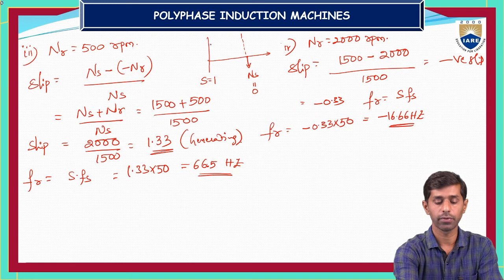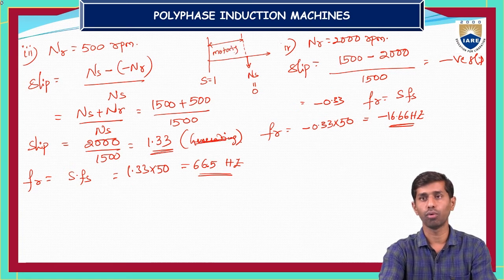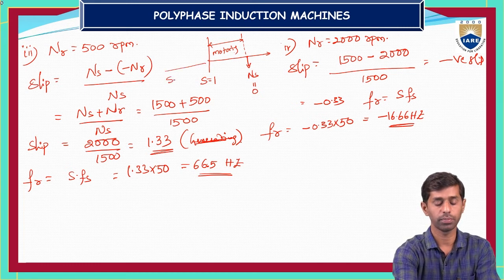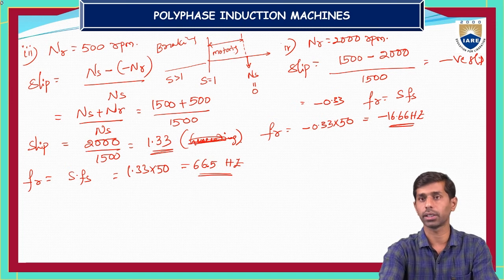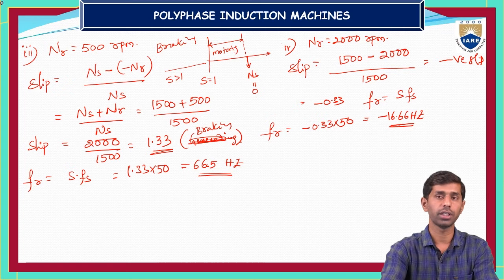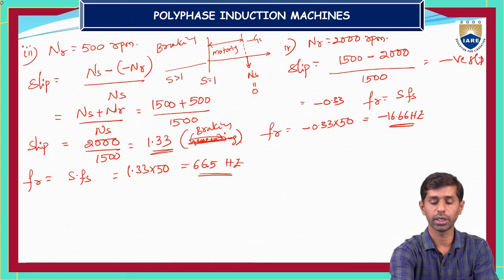In this range, we have motoring mode. If slip is greater than 1, it is braking mode. Previously we said generating mode, but that is not the generating one; it is braking mode. If slip is less than 0, that is negative values, it is generating mode.